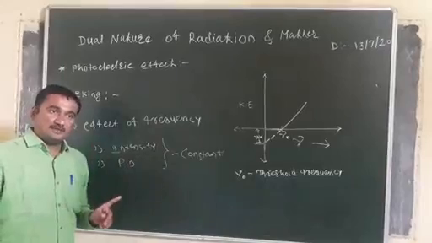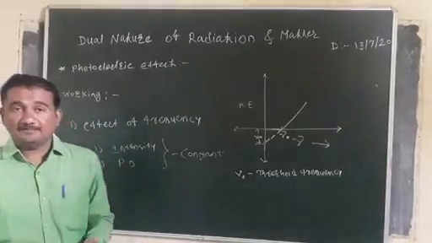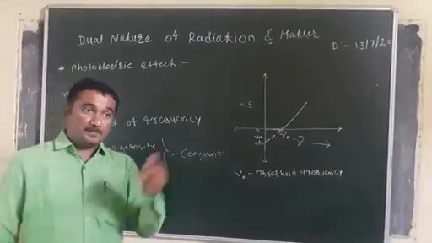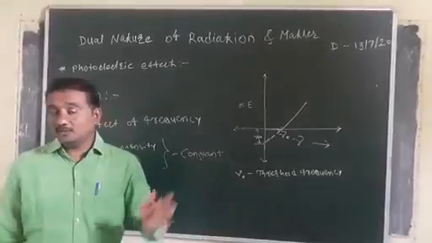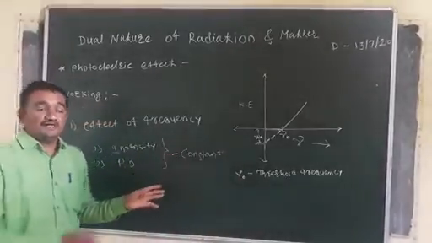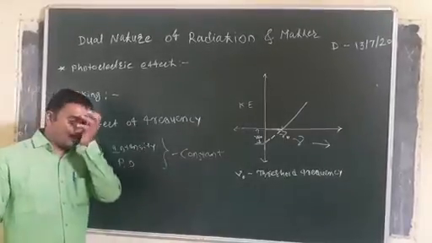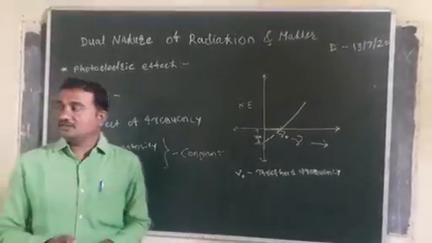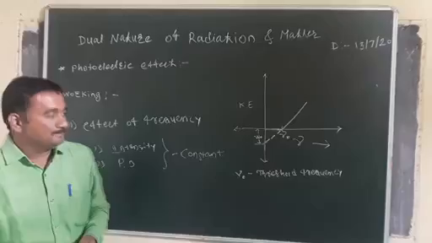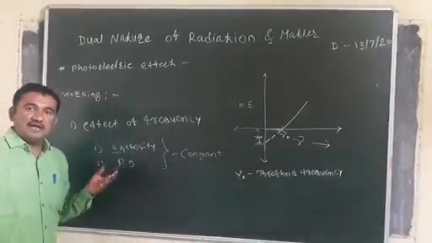Reversing key means the positive potential applied to the collector plate is applied to the emitter plate, and the negative potential applied to the emitter plate is connected to the positive plate. Means the total potential difference is reversed using the reversing key. That we will see in the next lecture.